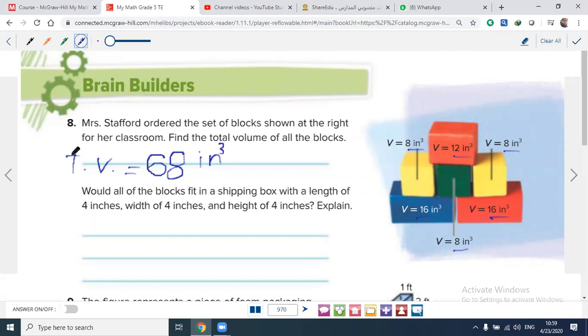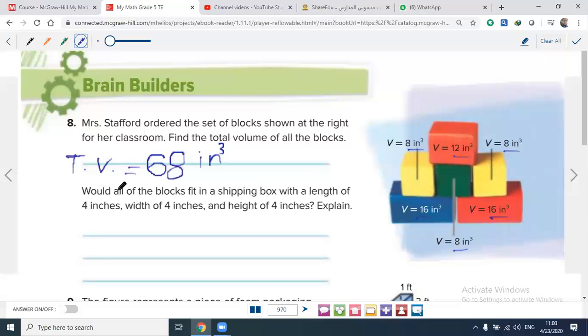Okay, the total volume is 68. If you add all of these volumes to find the total, it will be 68 cubic inch. Okay, the second part of this question.